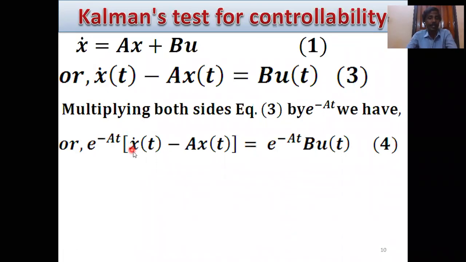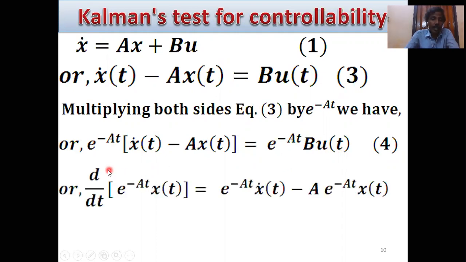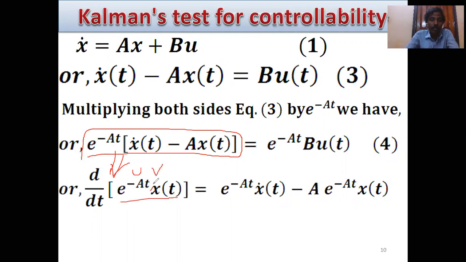So multiplying both sides, we get e to the power minus At times x dot of t minus Ax of t equals e to the power minus At times Bu of t. This is equation number 4. The left hand side is equivalent to d/dt of e to the power minus At into x of t, because by the uv differentiation rule, with the first term constant we differentiate x dot of t, and with the second term constant we differentiate e to the power minus At, giving A into e to the power minus At.